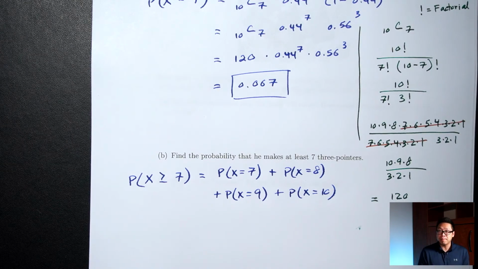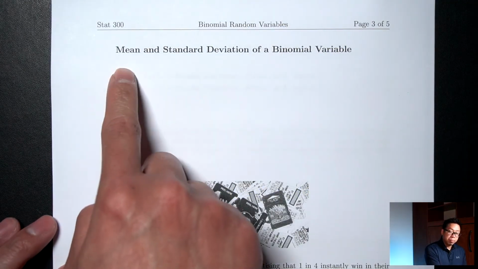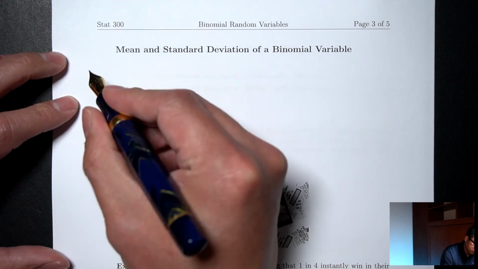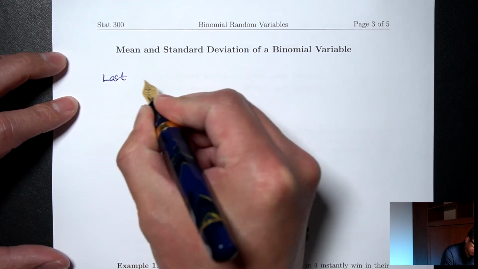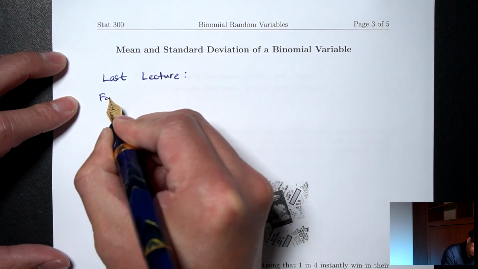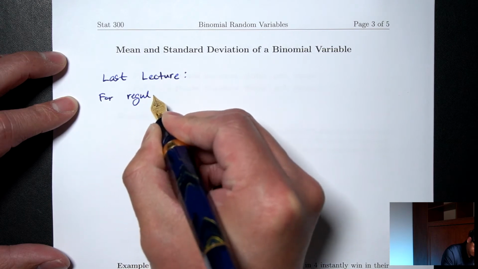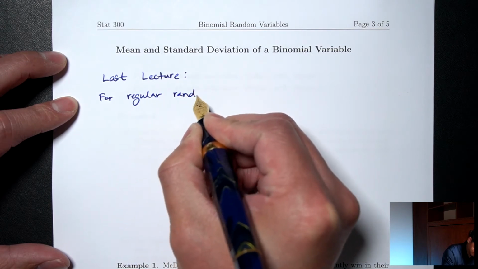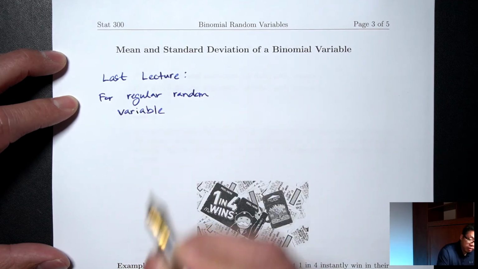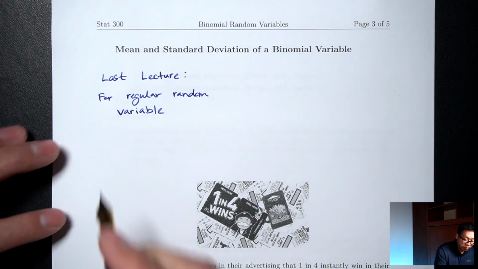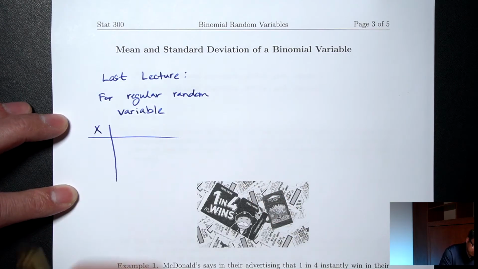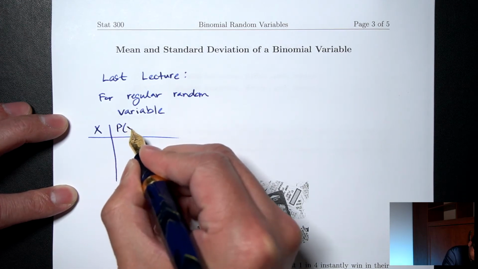a calculator with R. In the last lecture, we talked about mean and standard deviation for regular random variables. The way to find it is we started with the probability distribution, which was a list of all the possible values of x along with their probabilities.